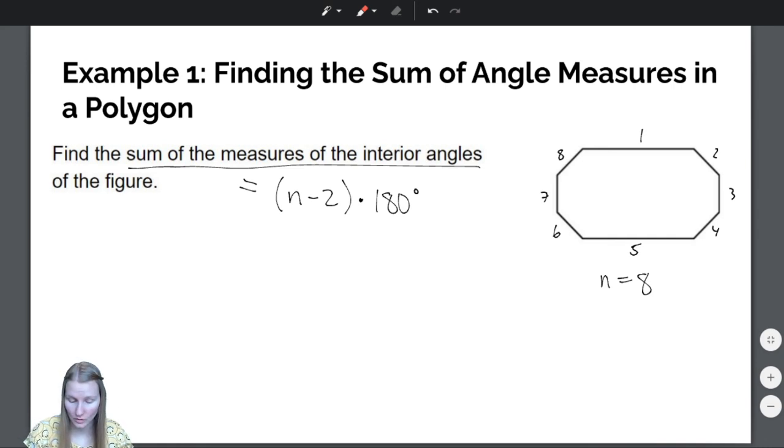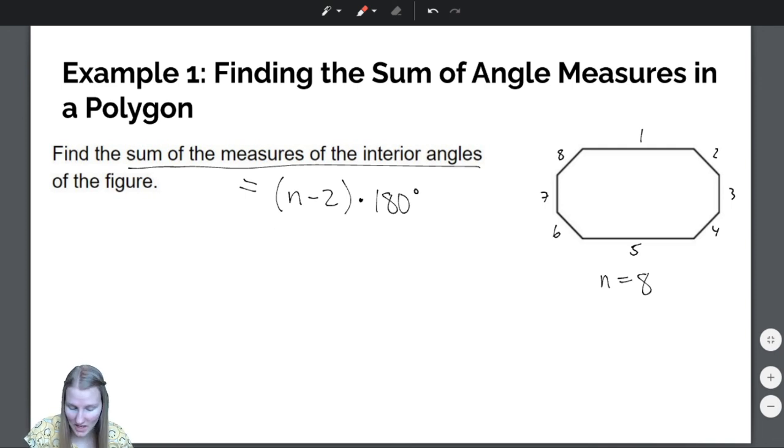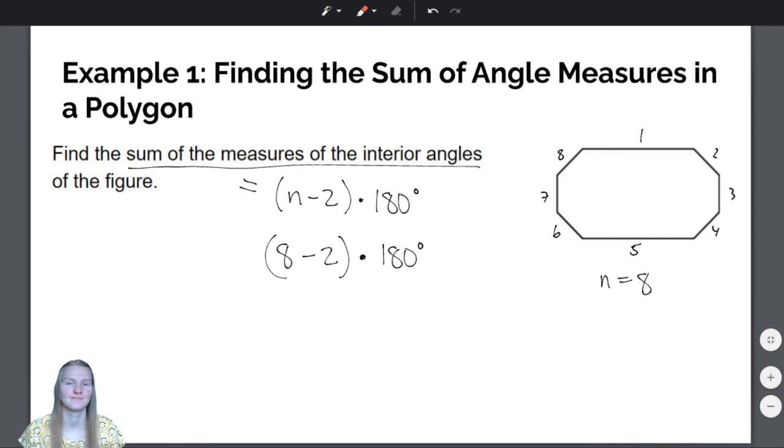So, in order to find the sum of the measures of the interior angles, I'm going to take 8 minus 2, that's the number of triangles that my shape has, and multiply it by 180 degrees. So 8 minus 2 is 6, and I'm going to do 6 times 180 degrees, which is 1,080 degrees.